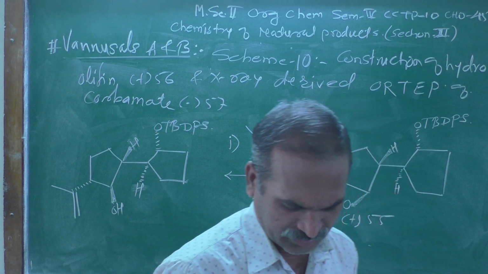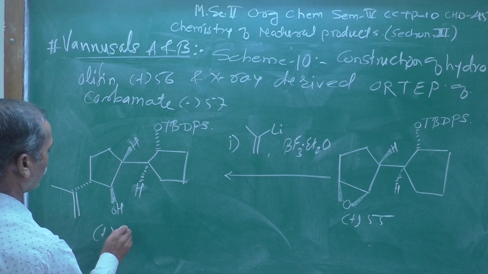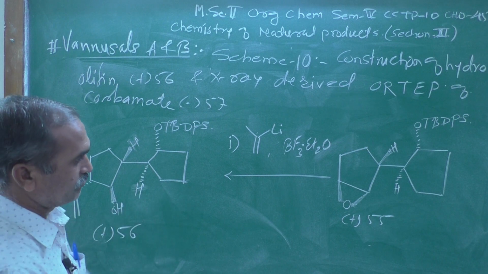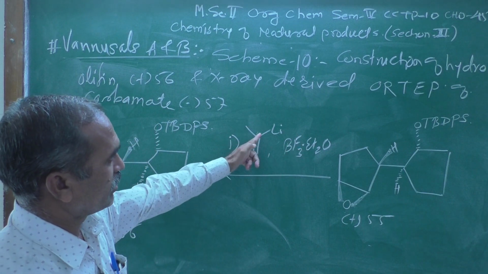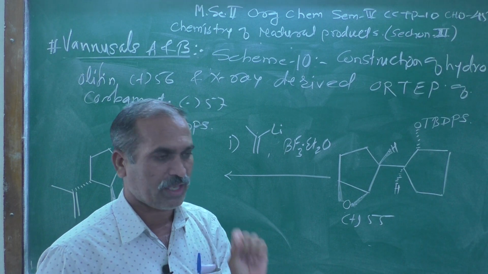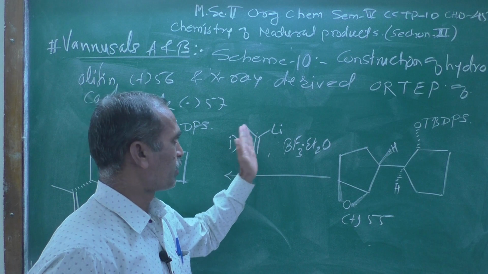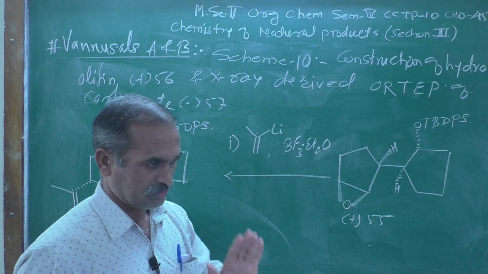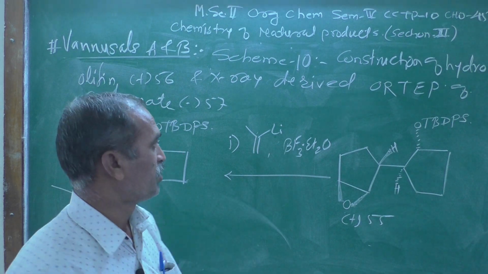And now this is the structure where we can see plus 56. This is 55. Whenever we are adding this negative, because lithium is a metal which always carries a positive charge, and the other part of that molecule is a negative charge, that is a residue.